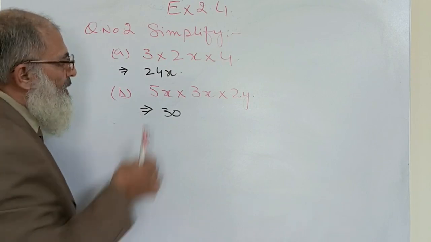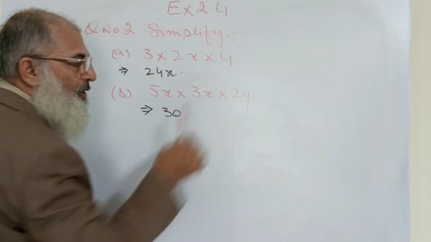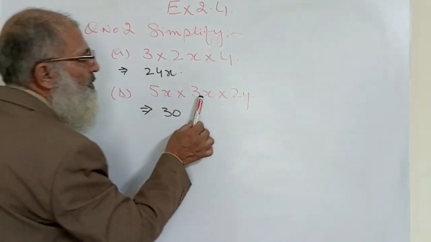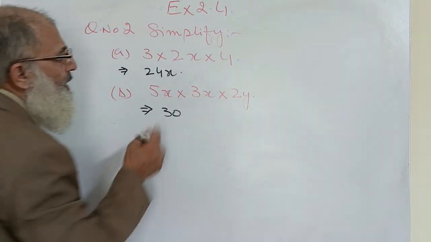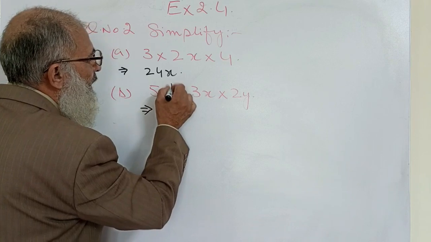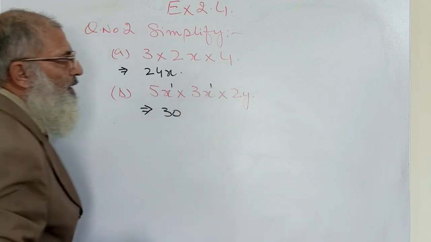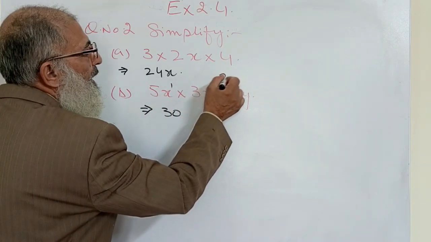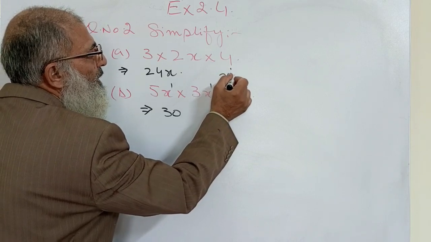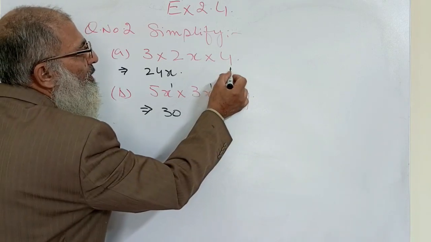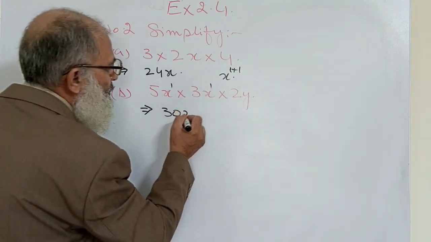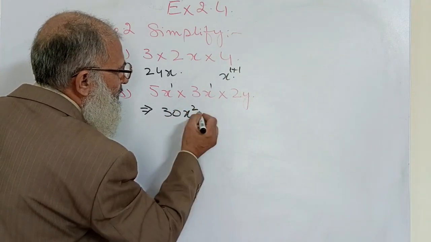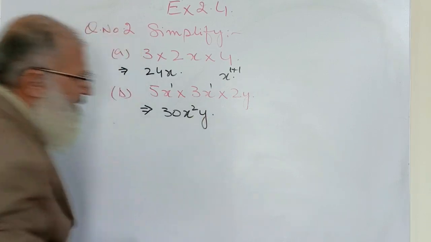We can multiply these 5, 3 and 2, as these are all the coefficients. So 5 times 3 is 15, 15 times 2 is 30, and the index over here is 1, the index over here is 1. As I told you, when the bases are the same, it is written like this: x square, and y is written as it is.